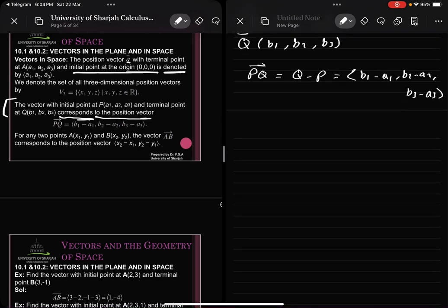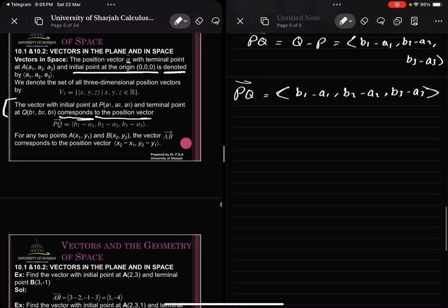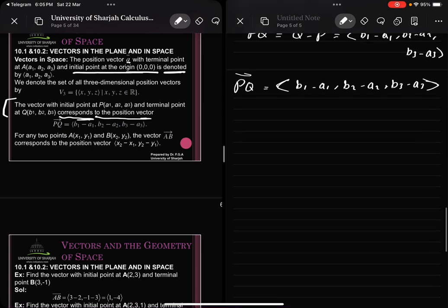It ends up with this formula: B1 minus A1, B2 minus A2, and B3 minus A3. So we call PQ a vector.